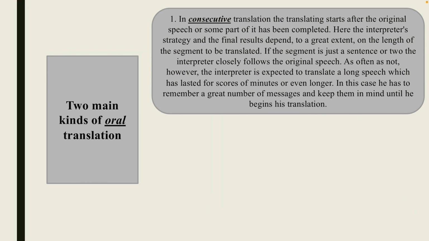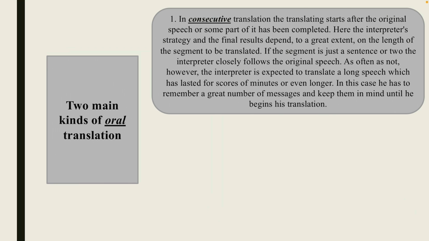Two main kinds of oral translation. There are, the first, consecutive translation, in which the translating starts after the original speech or some part of it has been completed. Here the interpreter's strategy and the final results depend to a great extent on the length of the segment to be translated.